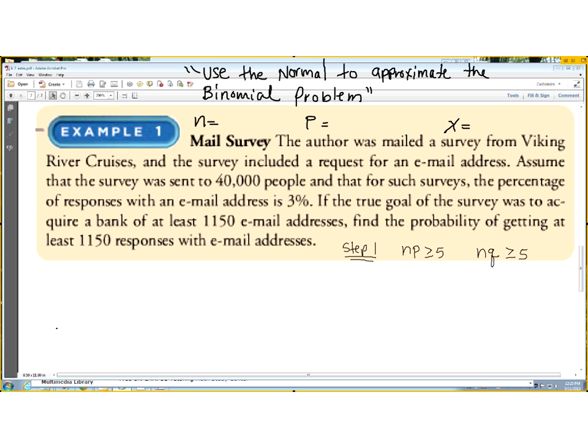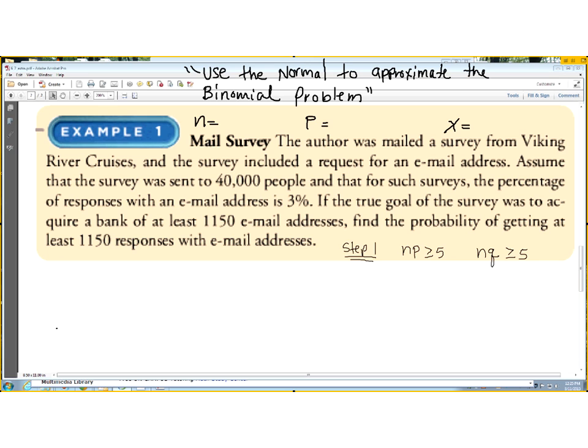In this case, we're talking about surveys that included a request for an email address. This is an example from our textbook. The author was mailed a survey from Viking River Cruises, and the survey included a request for an email address.